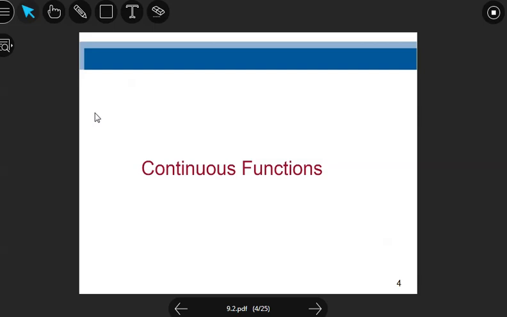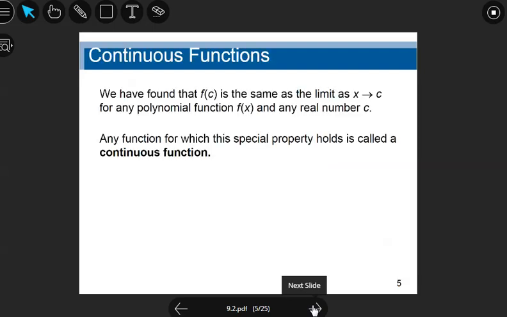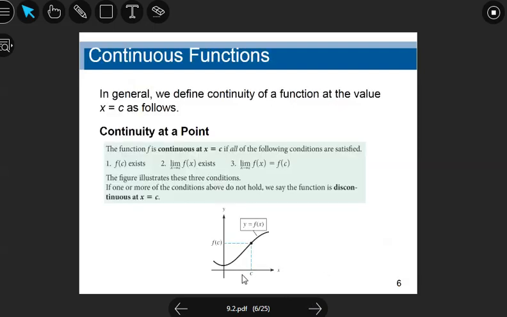Especially when we are discussing continuity, here I discuss it pointwise. It means I consider some specific point c, and then I discuss the continuity at that point. For continuity to exist at that point, it must satisfy three conditions. The first one is that the value of the function must exist at that point, meaning f(c) must be a defined value.